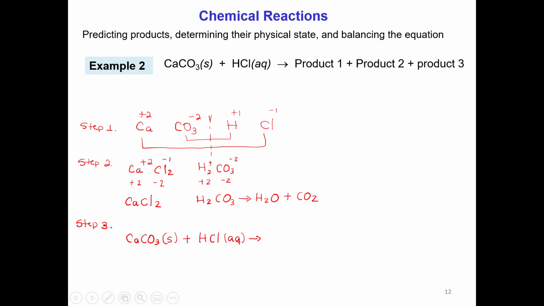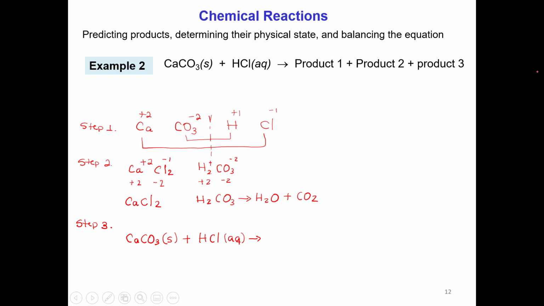And you can see we have 2 hydrogens here, and 2 hydrogens here. We have 1 carbon, and we have 3 oxygens. 1 plus 2 is 3, then we have 3 oxygens. And this is why now we have 3 products: 1, 2, 3 products.